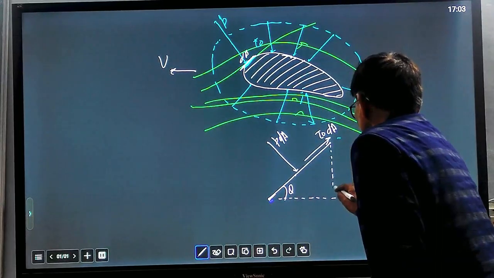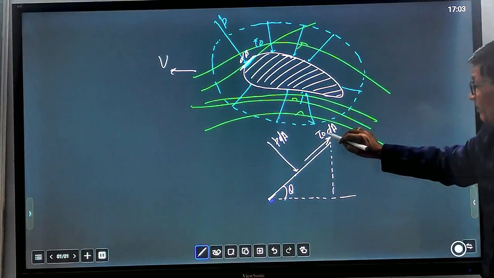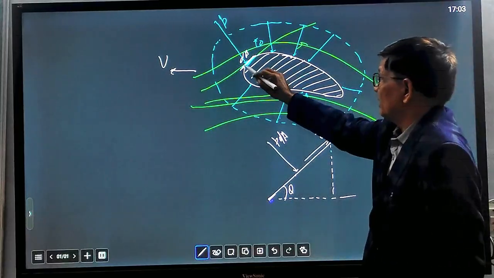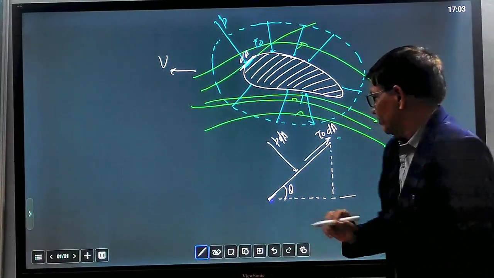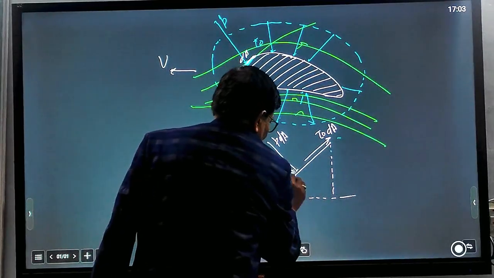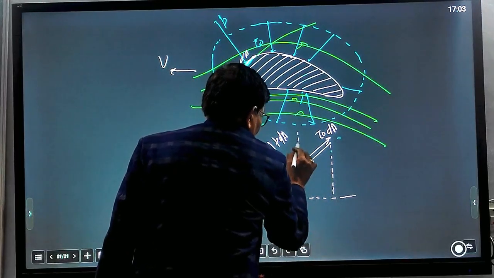So there will be vertical components. We can resolve tau naught, the shear drag, because due to shear stress, drag acts along the surface of this small elemental area. This angle is theta, this angle is 90 minus theta, and this angle is theta.